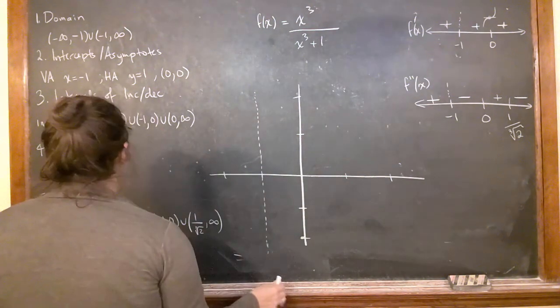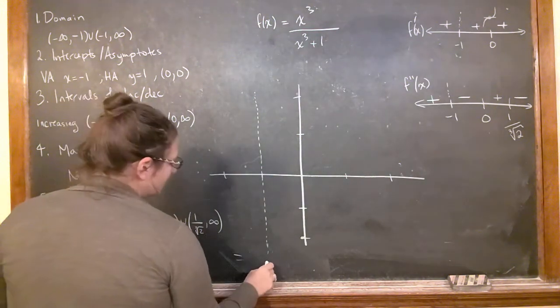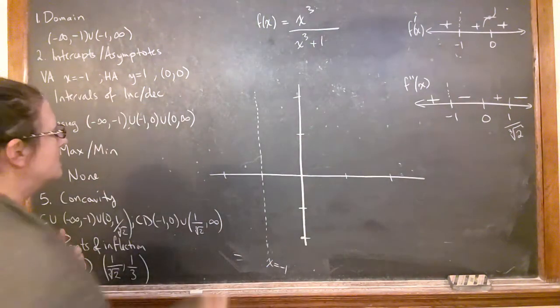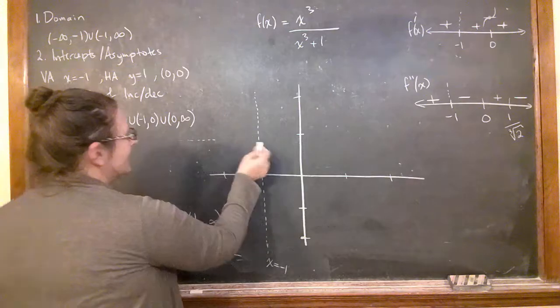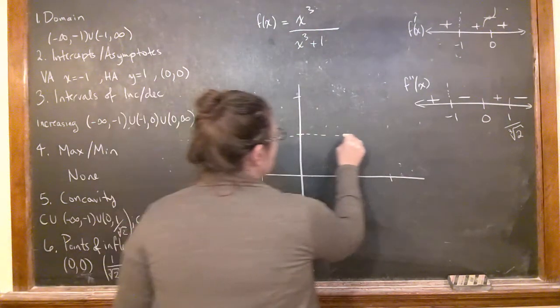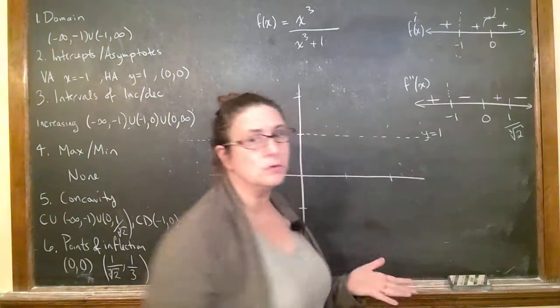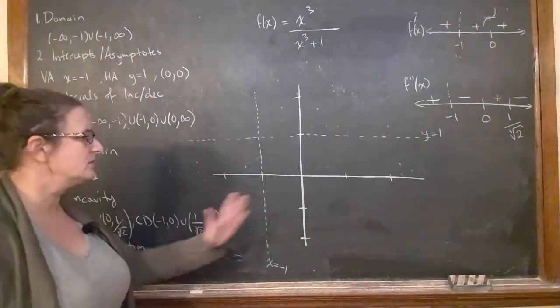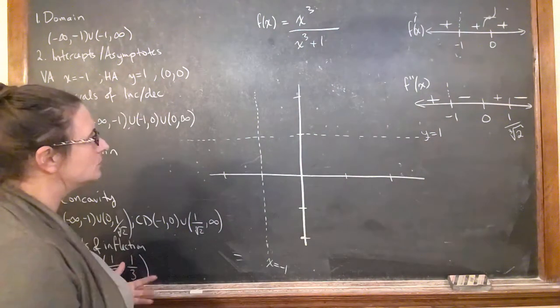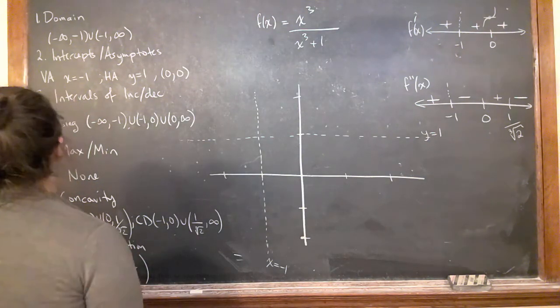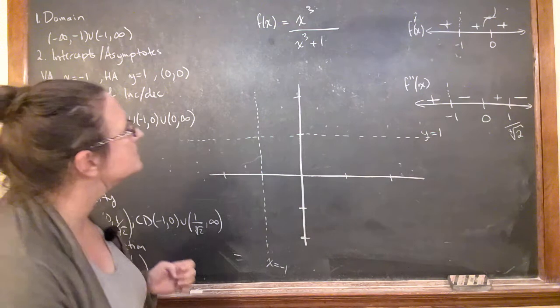Okay, so I know I have my vertical asymptote, which is what I just drew at x equals -1, and I have a horizontal asymptote at y equals 1. Now do remember, we can't cross a vertical asymptote, but we could conceivably cross a horizontal asymptote. I think we are going to be crossing a horizontal asymptote, maybe not.